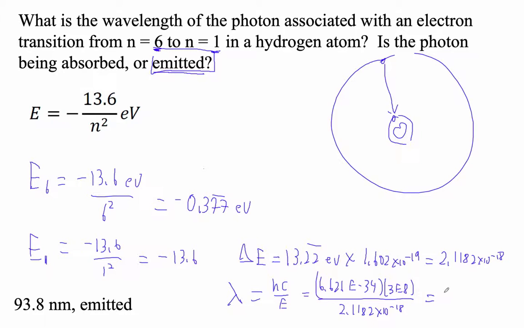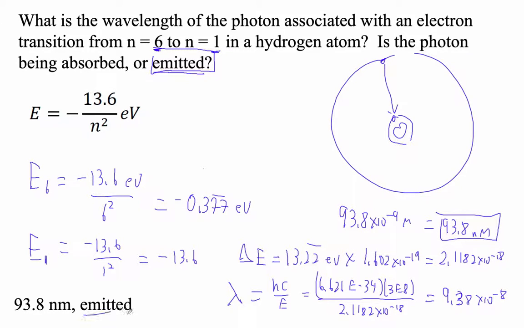And I get 9.38 times 10 to the minus 8th, which would be the same as 93.8 times 10 to the minus 9th meters, which would be the same as 93.8 nanometers, right?